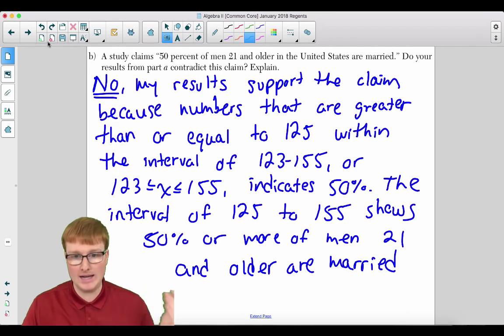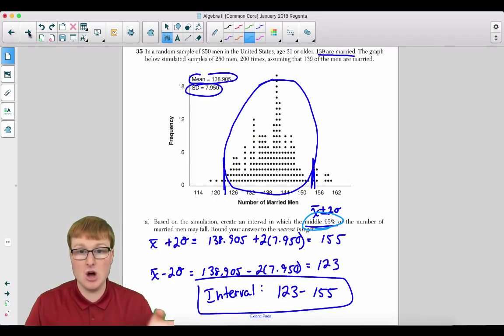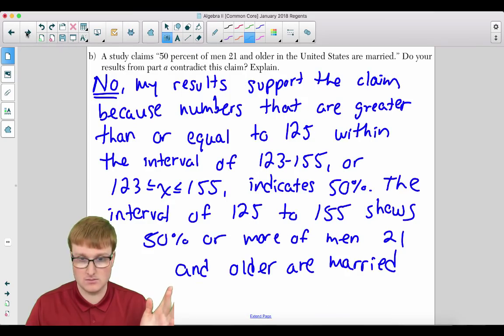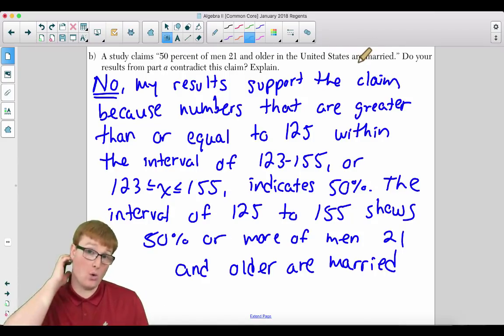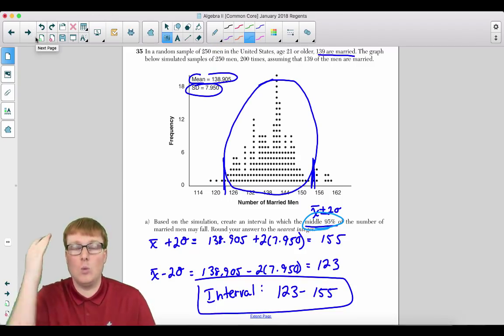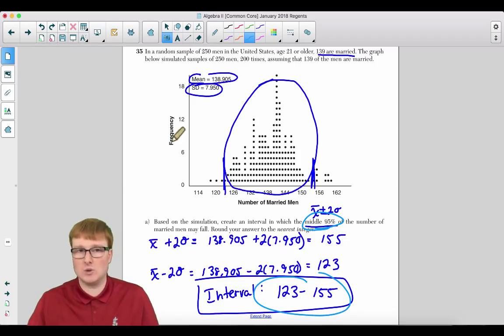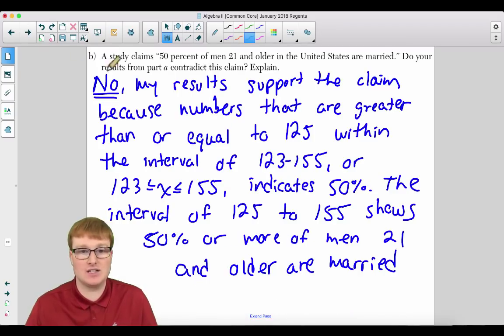But the interval of 125 to 155, where is that number? 50% of 250 men is 125 men. Well, 125 men lies inside the 95% confidence level of 123 to 155. So that's why it does, in fact, support the claim. And that's basically what I just said in this statement.